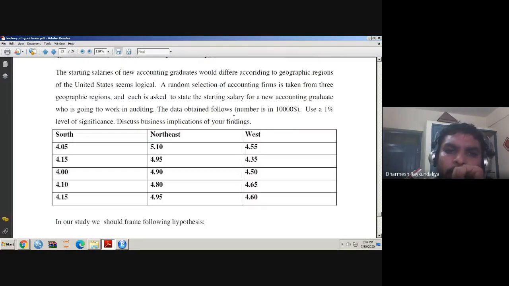The starting salary of new accounting graduates would differ according to geographic region of the United States. Seems logical.